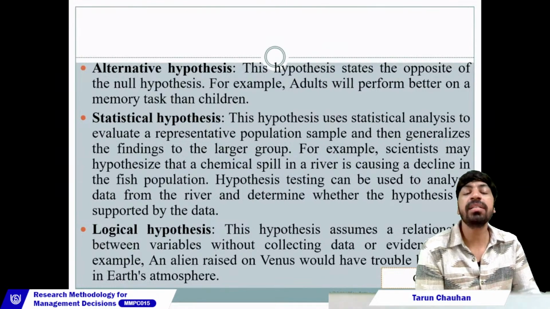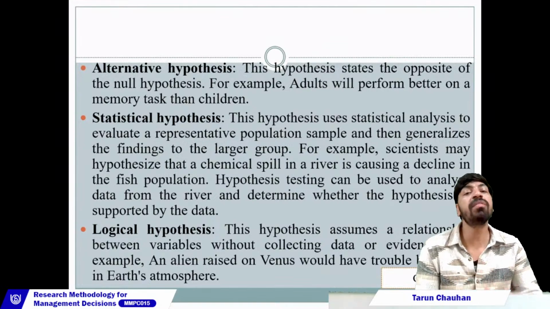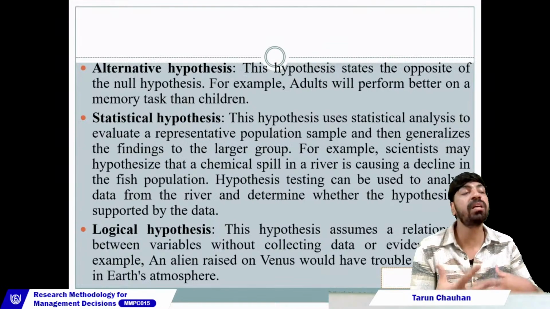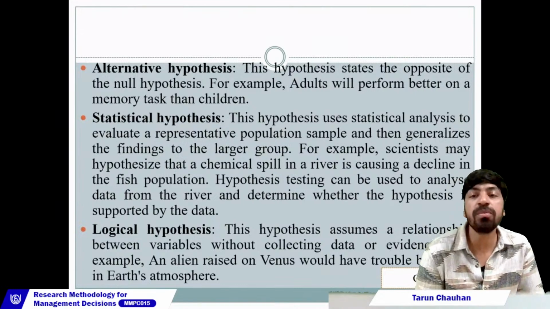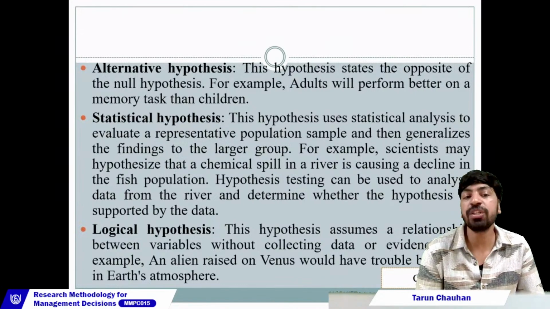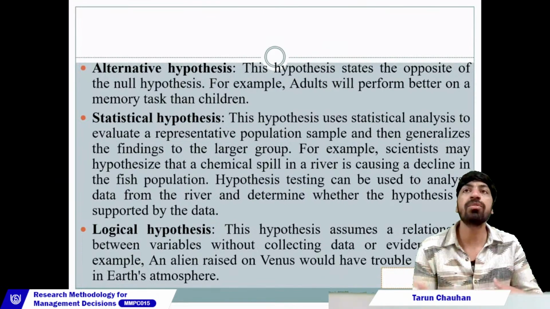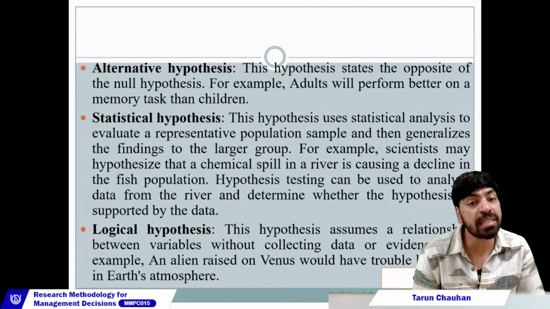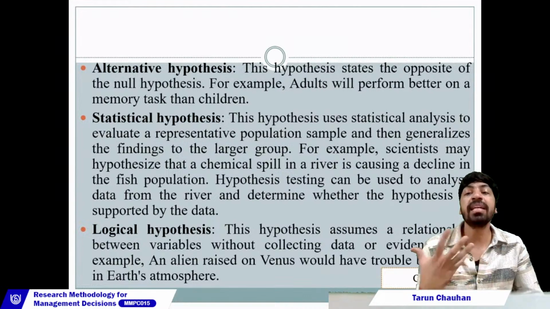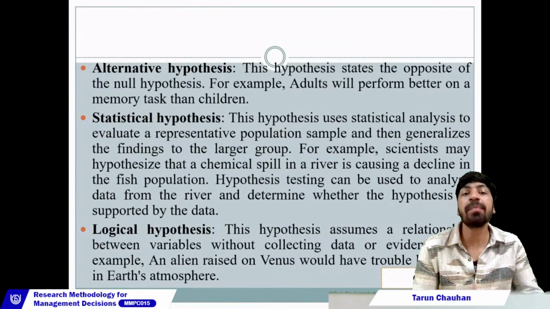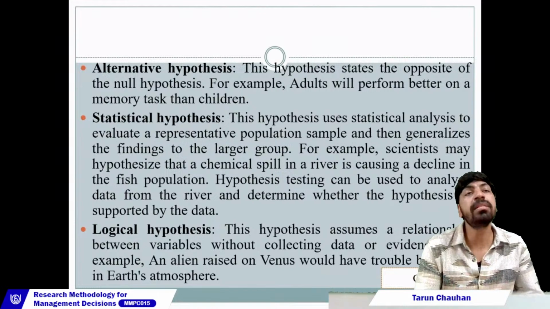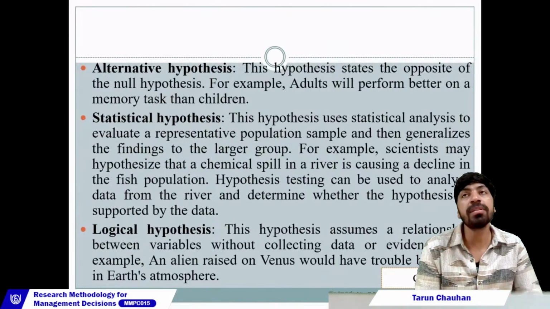Let's talk about the statistical hypothesis. Statistical hypothesis is a type of hypothesis where statistical tools will be used to test the hypothesis. It can also include experiments, like the scientists would hypothesize that a chemical spill in a river is causing a decline in the fish population.